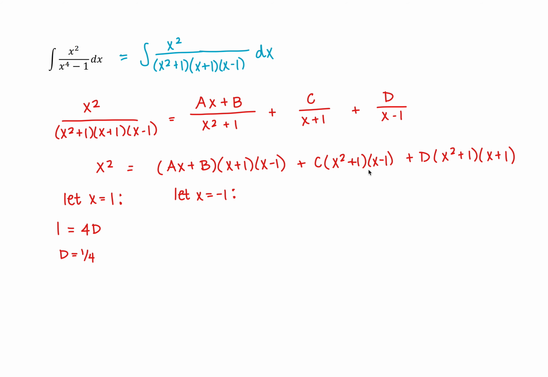So that just leaves me this here with the c. So -1 squared is 1. -1 squared is +1. 1 plus 1 is 2. -1 minus 1 is -2. When we multiply, we get -4c. So c is -1/4.